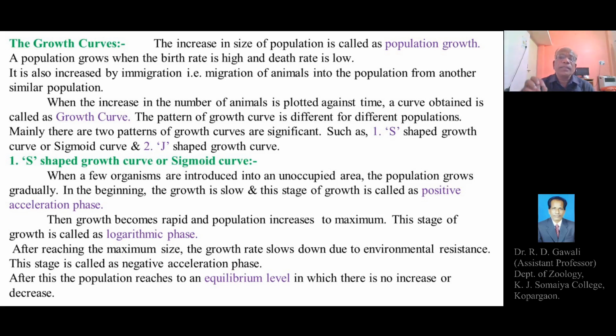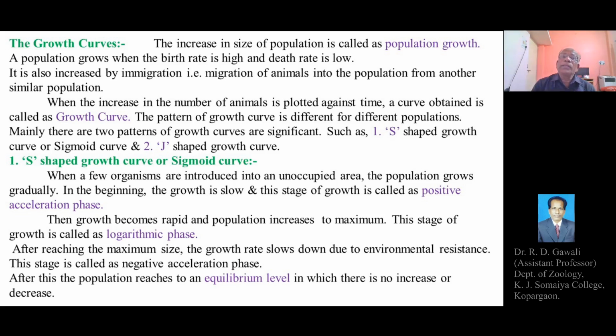The first phase is the positive acceleration phase. Second is the logarithmic phase. Third is the negative acceleration phase, and fourth is the equilibrium level or stable level. So these are the four levels of the growth pattern in a particular population.